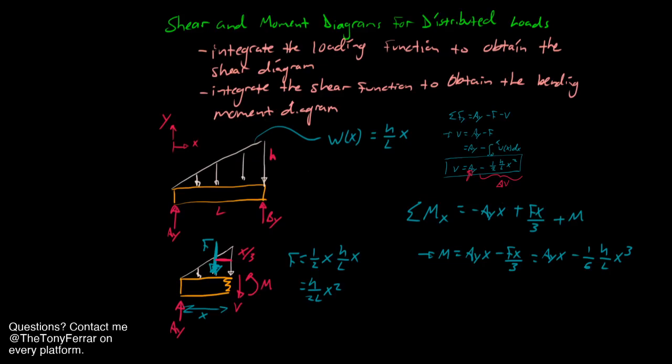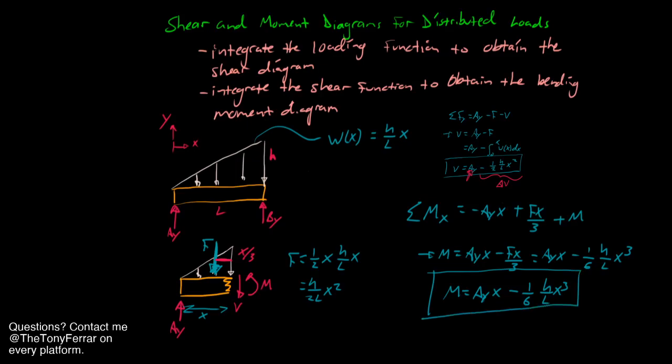That, by the way, is just the integral of 1/2 h over L x squared, which was our shear function. So just to write that out for you real quick here, we have m is now equal to Ay times x minus 1 over 6 h over L x cubed.